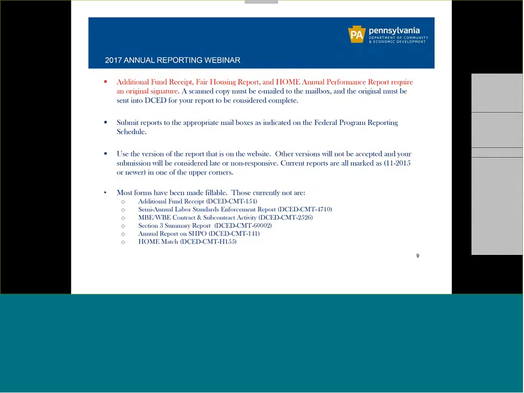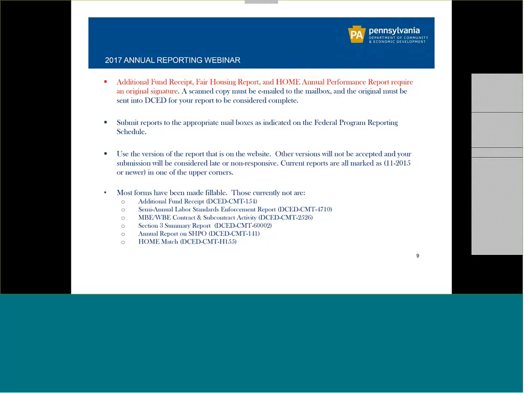And that means no administrators sign it, no program manager signs it. You do have to have the CEO or the CFO. Please submit them to the proper mailboxes.